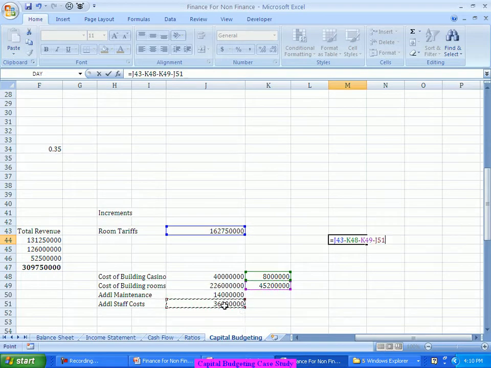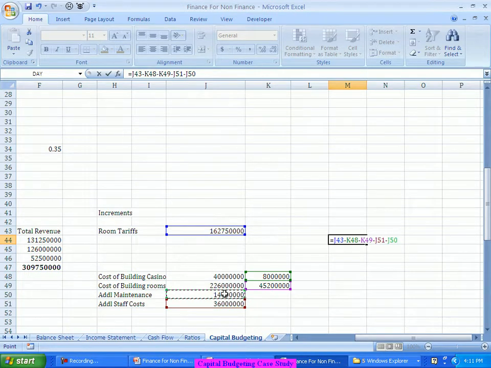This is the extra profit that I am getting. Every year, this is the extra revenue. These are the extra costs. I mean, this you have spread over 5 years.